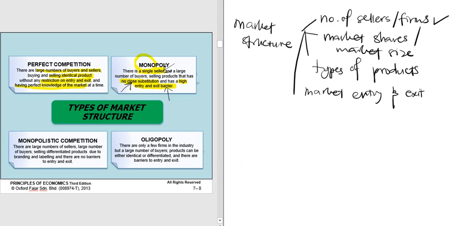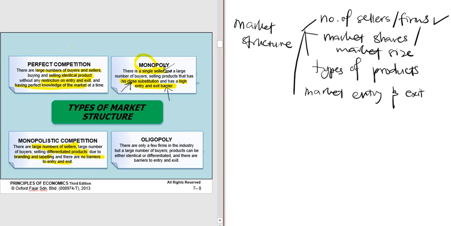And then we have monopolistic competition, where there is a large number of sellers selling differentiated products, due to branding and labeling, and there are no barriers to entry and exit. Let's look at the characteristics one by one.